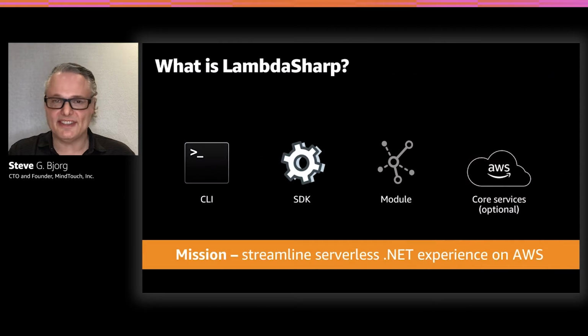So LambdaSharp is a set of multiple components. Primarily, it's a CLI tool that you can use to build applications more seamlessly for .NET on AWS. There's also an SDK component, which is used for the base classes on functions and so on, to take on some common functionality for better observability. We'll talk about that in a moment.